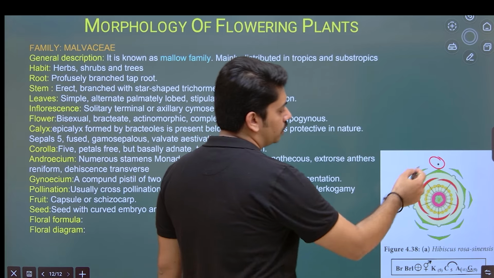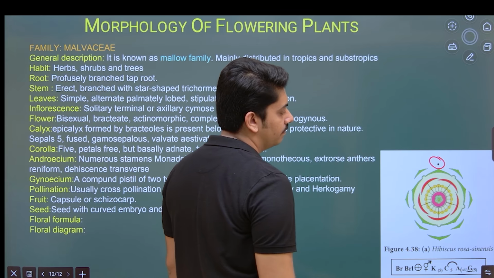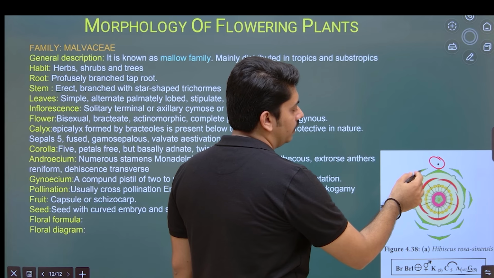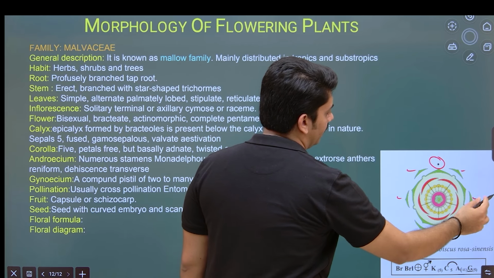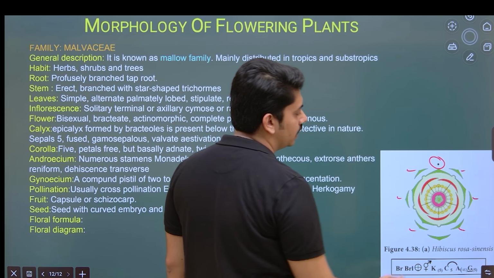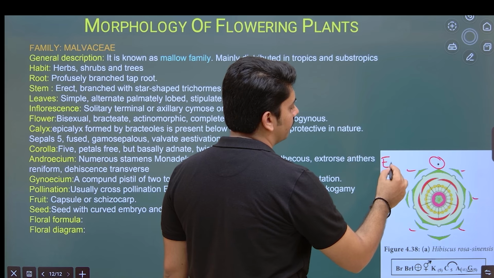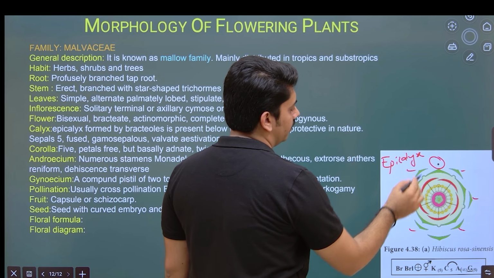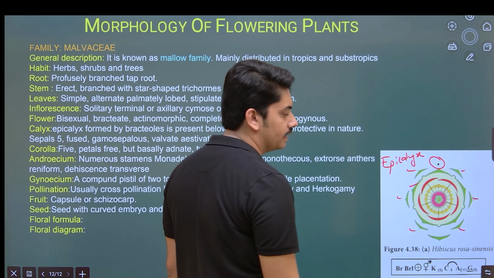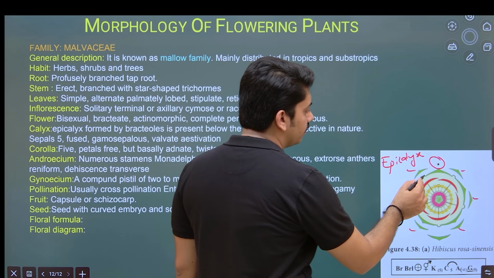Then outermost sepals. Actually here these are representing epicalyx. Okay, outermost epicalyx is given. They are free. Then comes the calyx. All of them are fused.